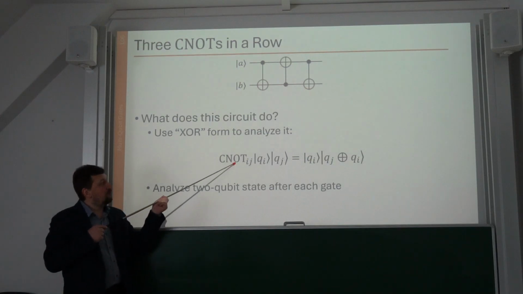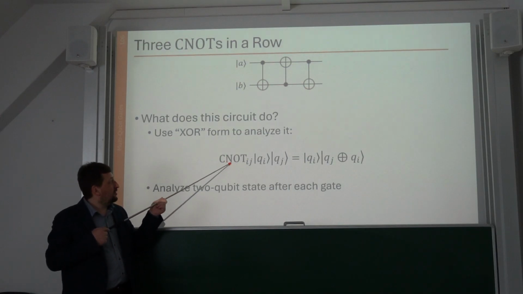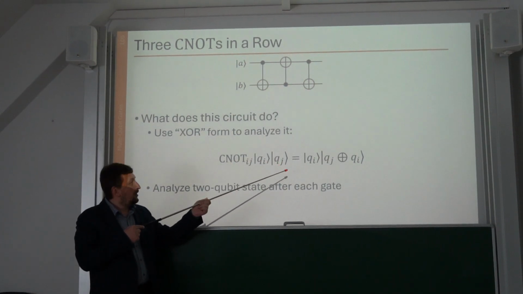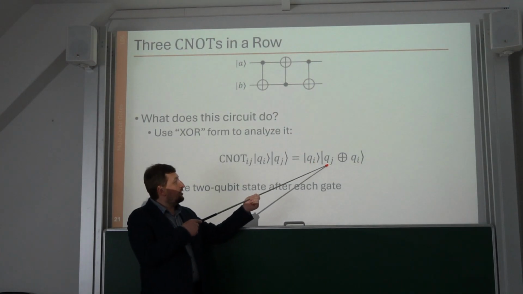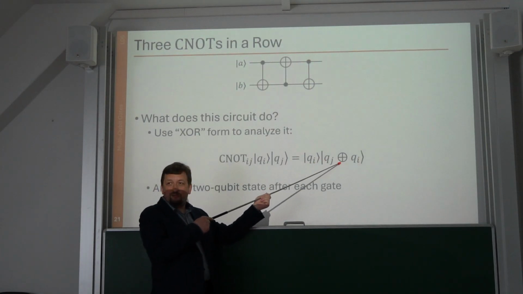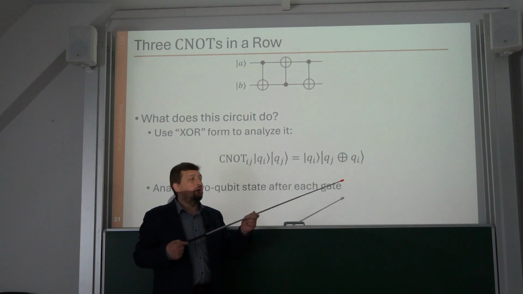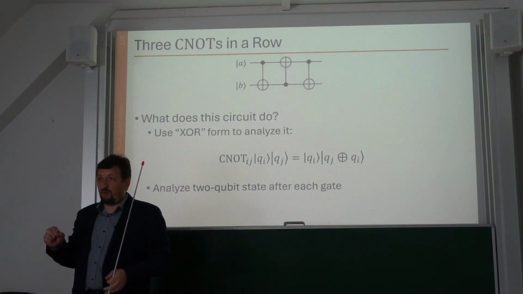This method uses an analytical formula. If we have control and target, nothing happens to the control. The target is replaced by target XOR control. XOR is addition modulo 2. So this is the analytical formula.